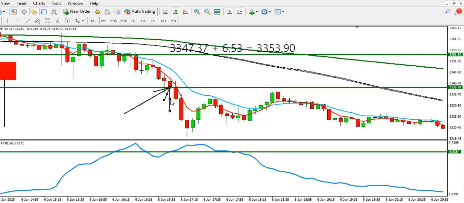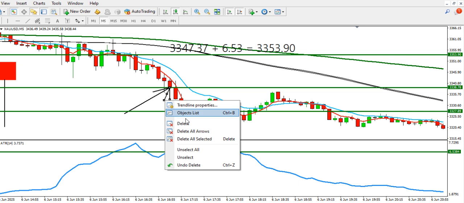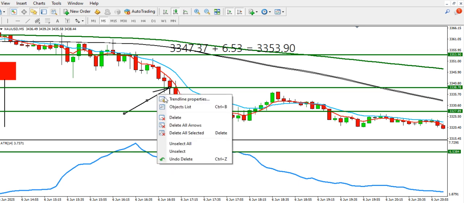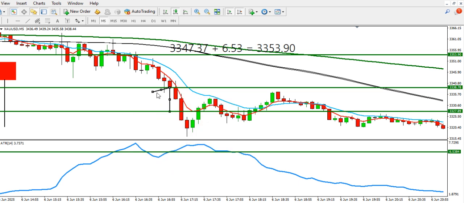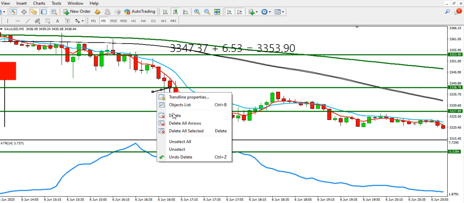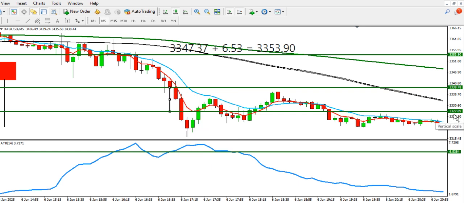Now from the entry area, that distance will give you your take profit. Our take profit will be 3327.89.